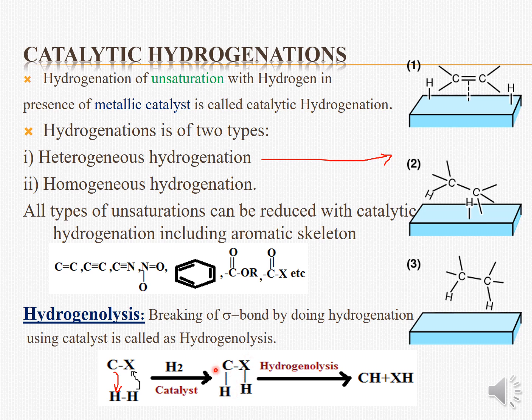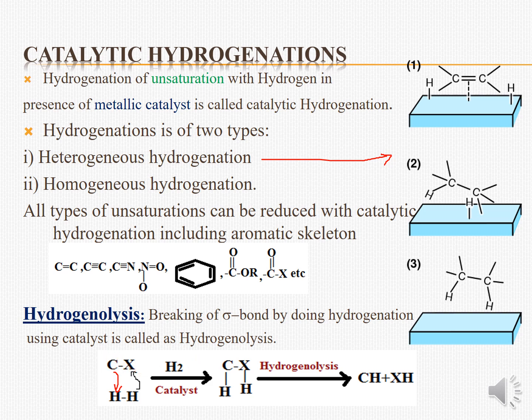So meanwhile there is the formation of this bond, and once these bonds are formed, and again upon hydrogenolysis, that is the breakdown of the sigma bond towards this side, that is the C-X bond is broken to get your hydrocarbons.